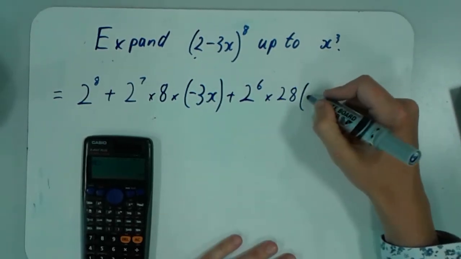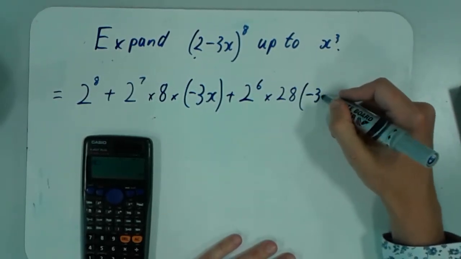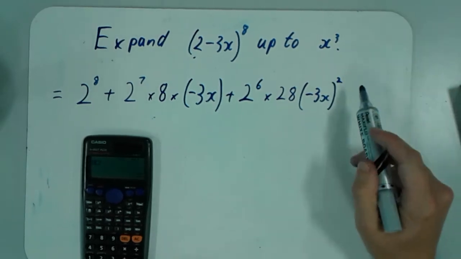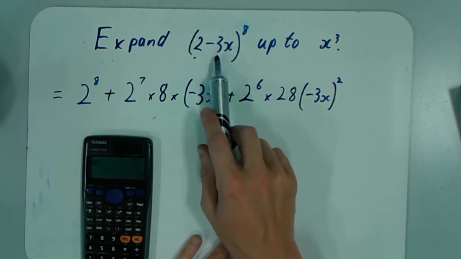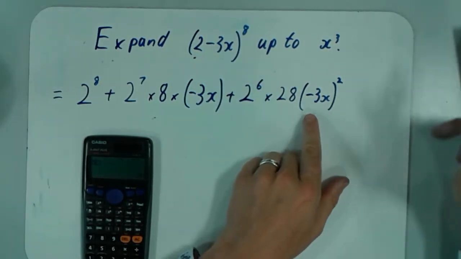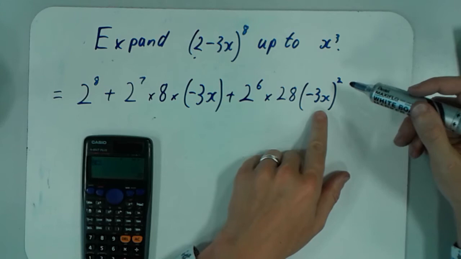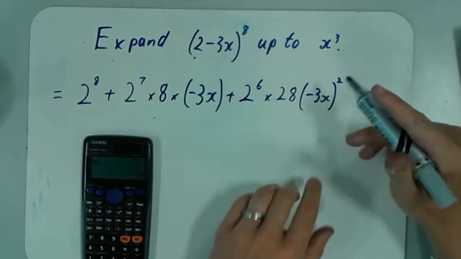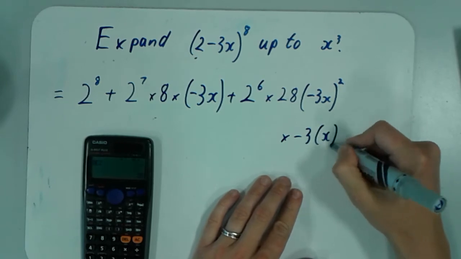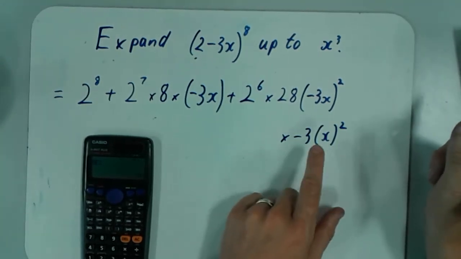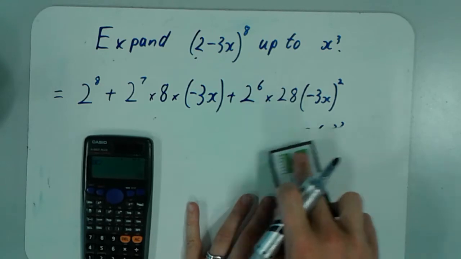Okay, and then like we said, we're going to have 2 of these terms. So remember, each time I multiply by an x, I'm also multiplying by a minus 3. So it is very important that you have minus 3x squared, not just this. We are not just squaring the x, we must square the minus 3 as well.